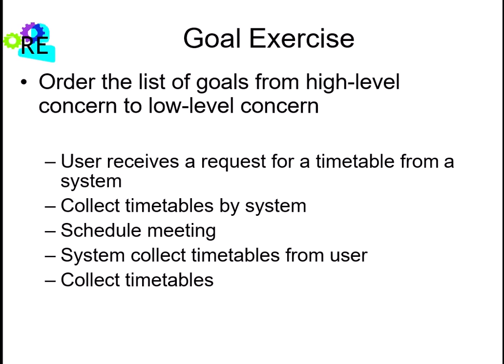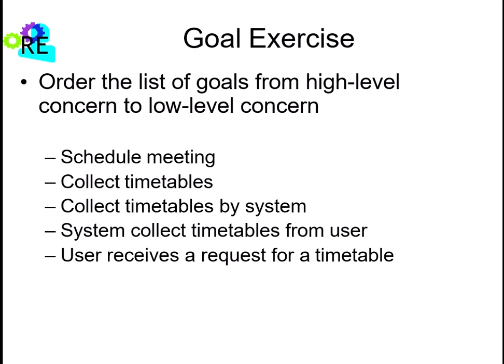This means the user can receive a request for a timetable from the system, and the system can collect timetables from the user. So there can be a variety of ways you define your goals. The order is: schedule meeting, collect timetables, collect timetable by system, system collects timetable from user, user receives a request for timetable.